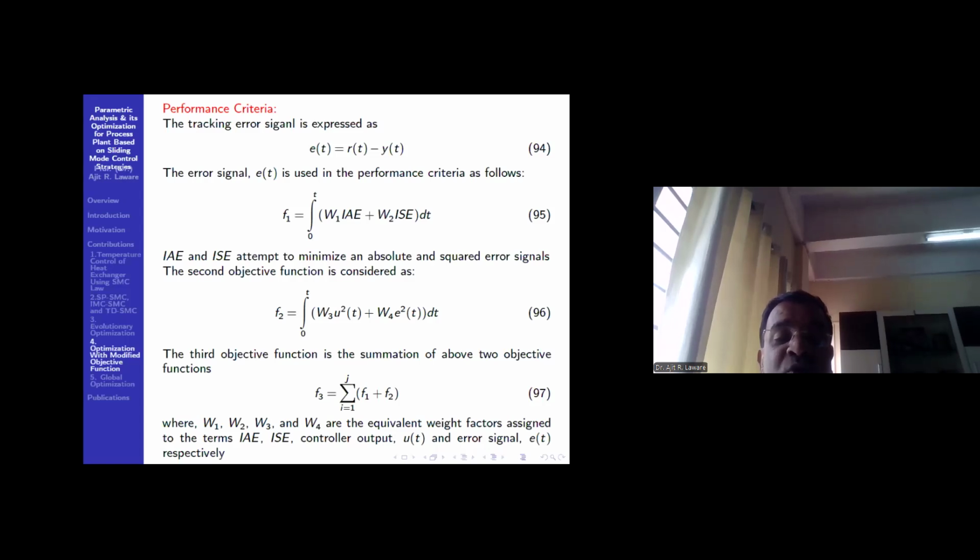But here I am adding weights W1, W2, W3, W4, and that is called equivalent weight. Whereas for F3 I am again applying an importance weight. Later on I will tell you how these equivalent weights W1, W2, W3, W4 can be assigned.